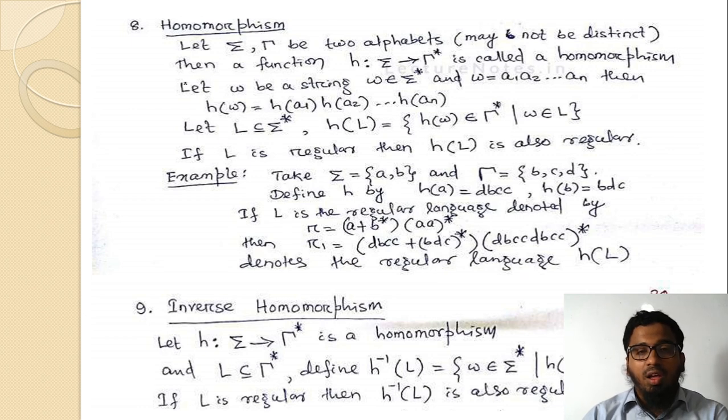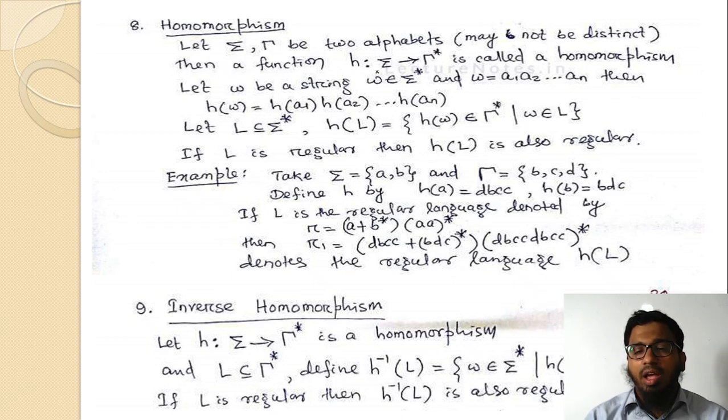Next, homomorphism is one of the closure properties. Let sigma and delta be two alphabets; they may not be distinct.